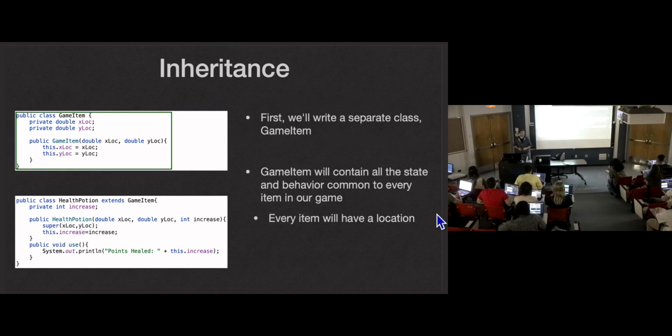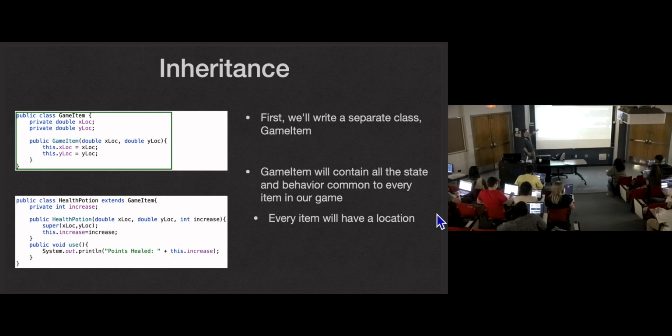First, we created a second class. This will go in a separate file. We'll have gameitem.java, create this class in a separate file, and give it everything that a game item should have. So what we're eventually setting up here is a game item class that's going to store all of the state and behavior of a game item that every single item type in our game should have.